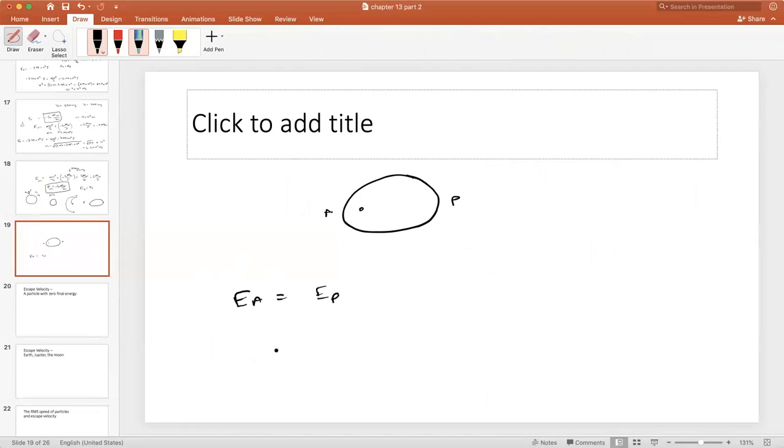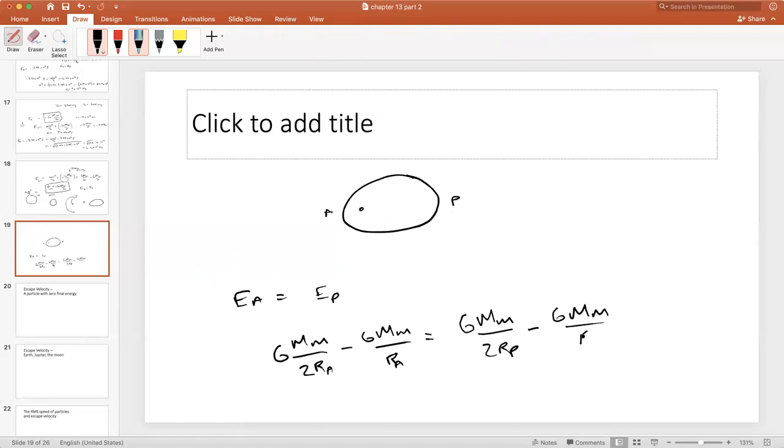and that means that G M M over 2 RA minus G M M over RA is equal to G M M over RP minus G M M over RP.